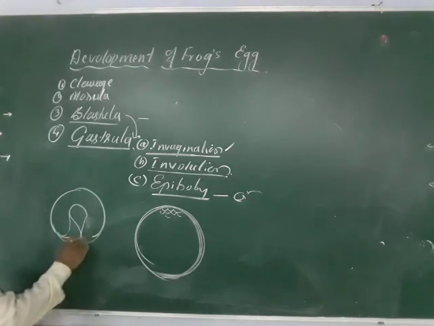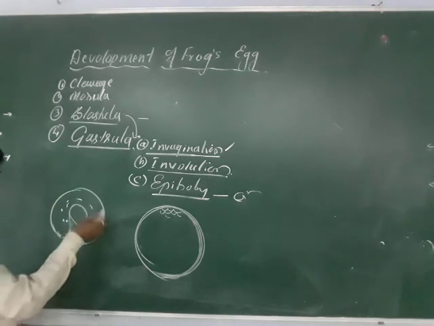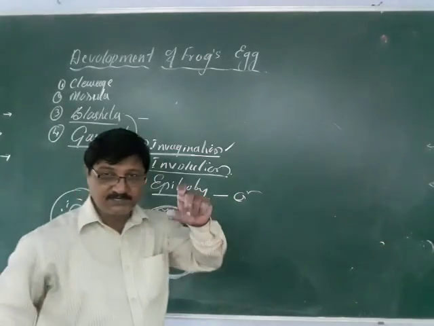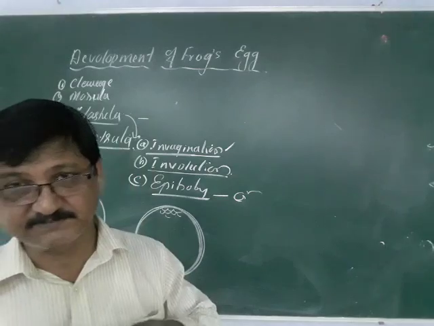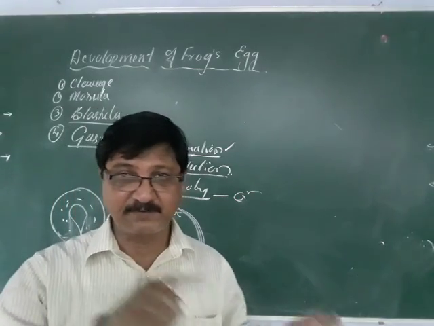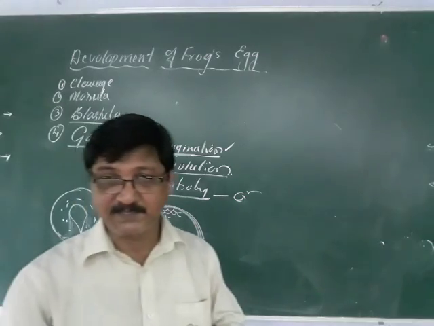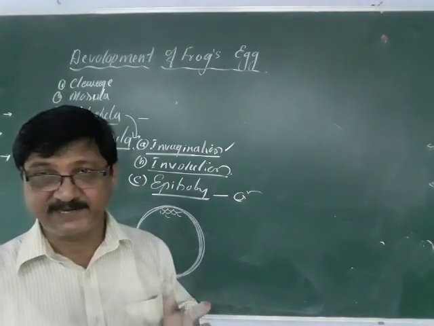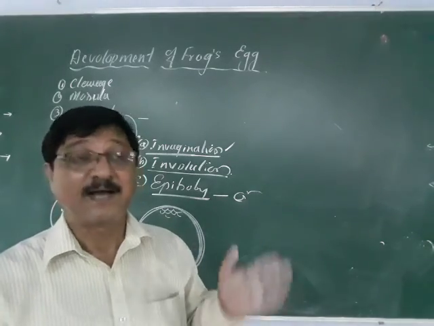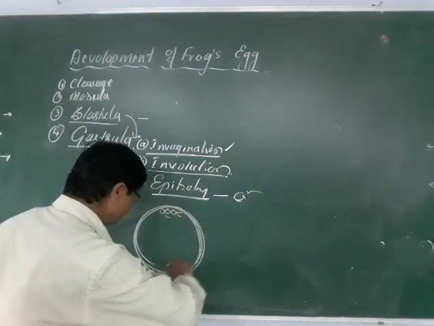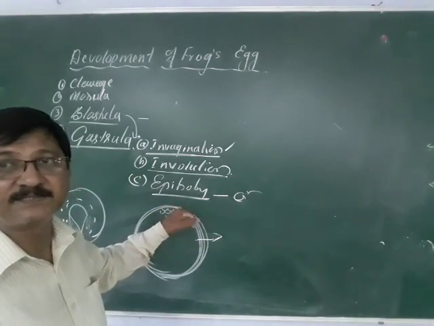The development takes place, and there is continuous multiplication of micromeres and megameres, rearrangement, formation of the ectoderm, endoderm, mesoderm, gastrula, archenteron, yolk plug, lateral lip, dorsal lip, ventral lip, all these will be developed. During the development, it always maintains the spherical shape and the uniform size of the embryo. That's called the epibole.